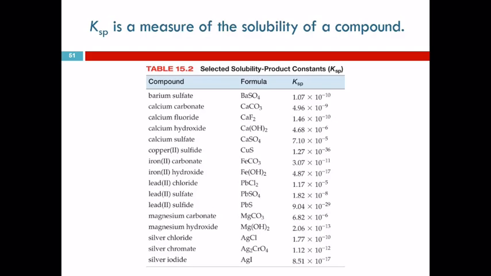It's not that none of it dissolves, it's just that such a tiny percentage dissolves that it doesn't matter. Others of these are higher, but none of them are very high. Probably the best one on here is calcium sulfate at 10 to the minus 5, and lead chloride is 10 to the minus 5. Those are still not very soluble.